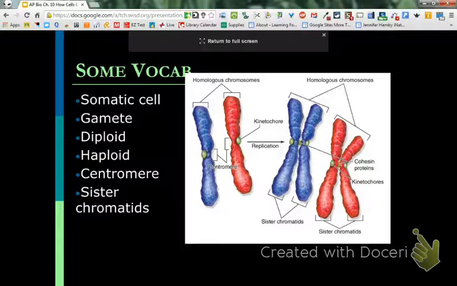Every cell's a somatic cell? Every cell in your body, other than your gametes, your sperm and your egg cells, are somatic cells. So, yes, your egg cells too, Mason. But now here's the thing. If you get skin cancer, can you pass that skin cancer on to your kids?